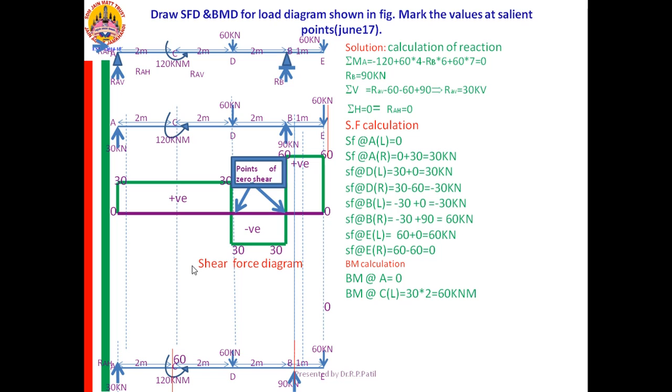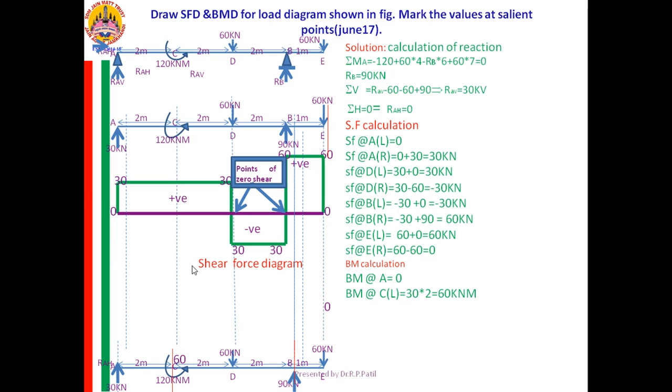60 into 2 negative, minus 60 into 5, plus 90 into 4. Whenever you want the bending moment about any point, all the distances are to be measured from that point only.